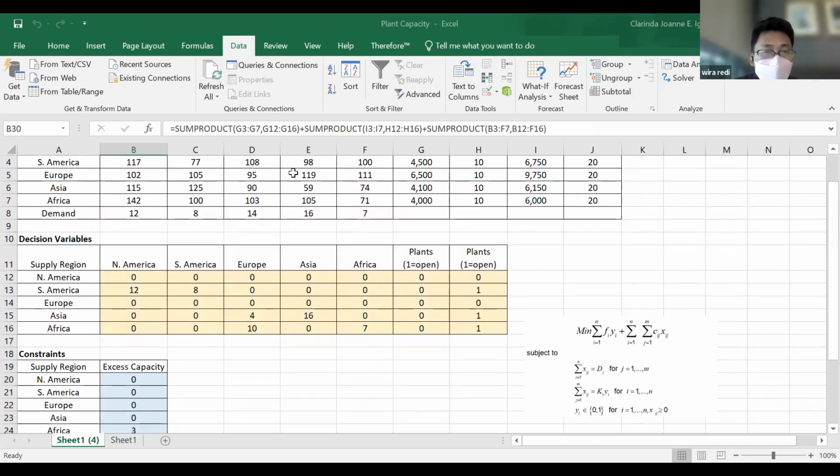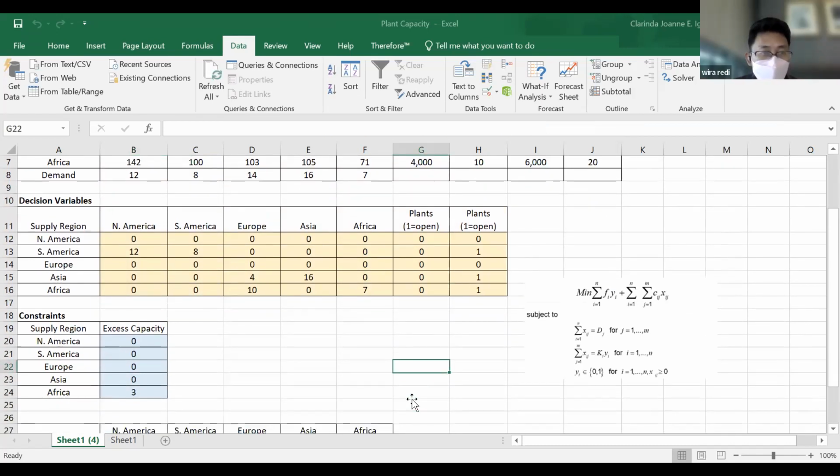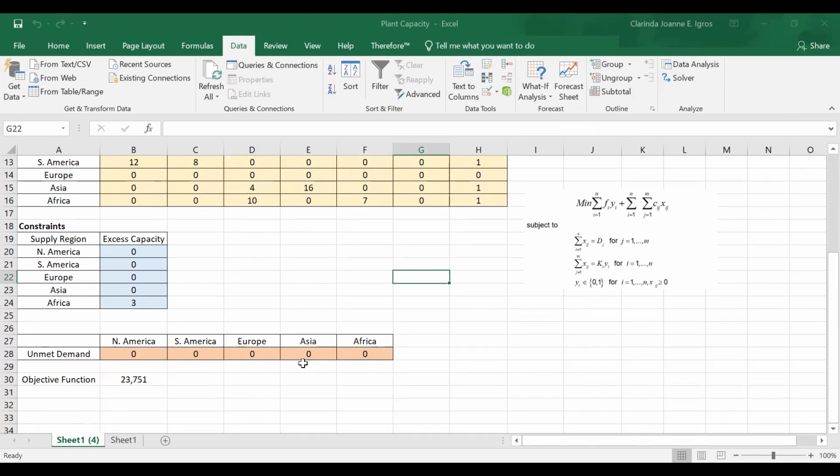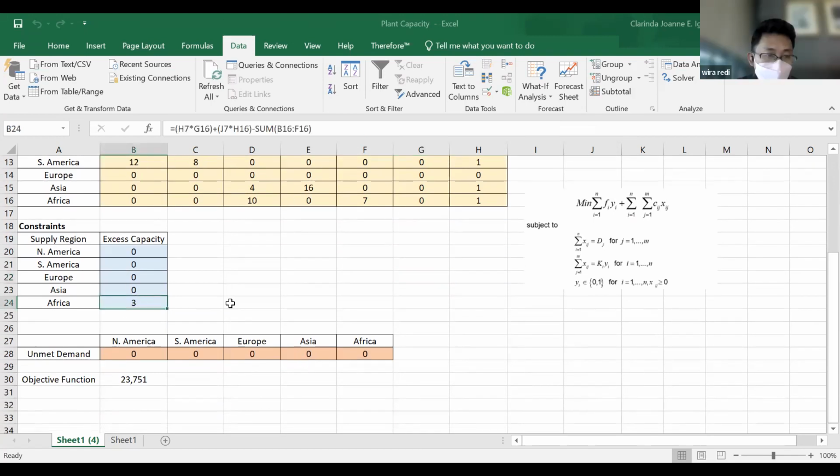Wait, why is the African side exceeding the capacity constraint? Sorry, sir. The Africa, B24. Can you see again the formula?